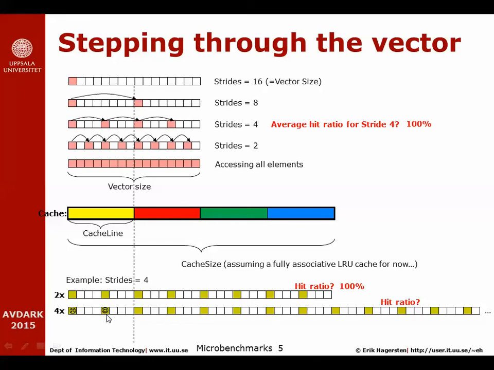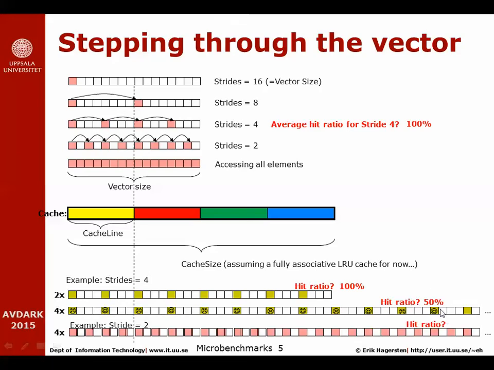Well, that is, of course, spatial locality. So due to spatial locality, every other access will be a cache miss and every other will be a cache hit. So the hit ratio will be 50% even though the vector we're using is twice as large as the cache size. And, as a thought experiment, what if we use a vector that was 8 times as large as the cache? What would be the hit ratio? Well, that would still be 50% because due to spatial locality, every other access to our data would hit.